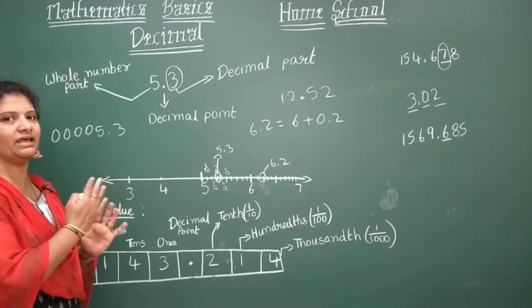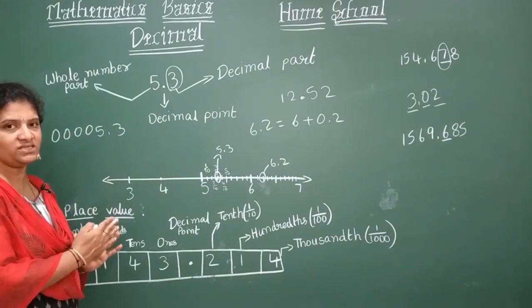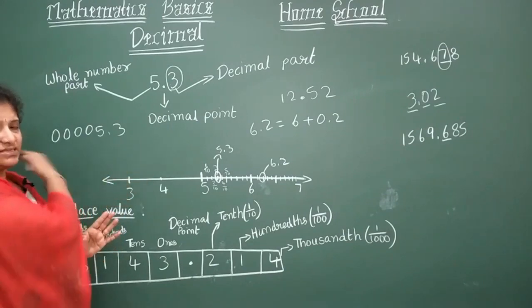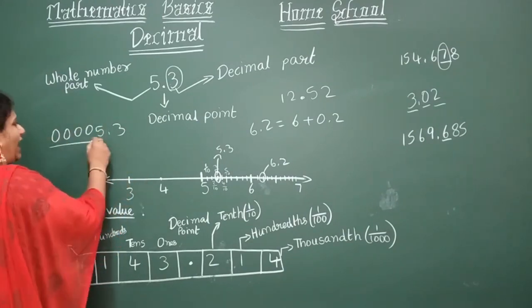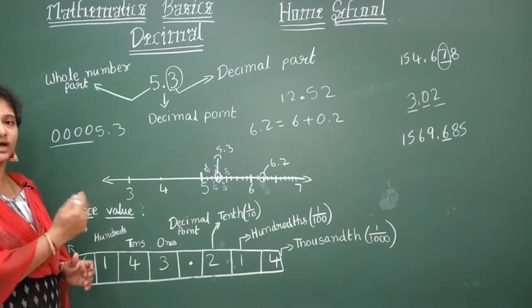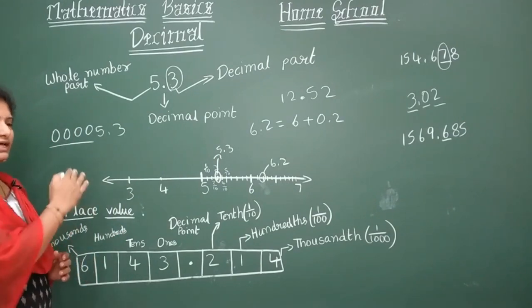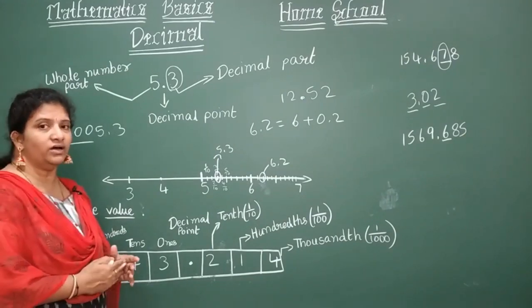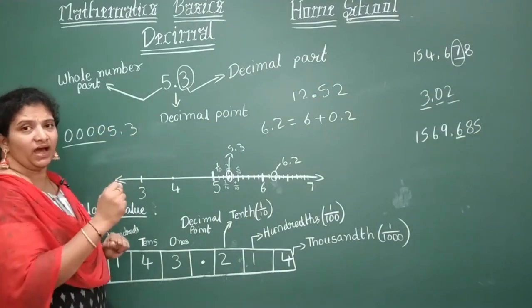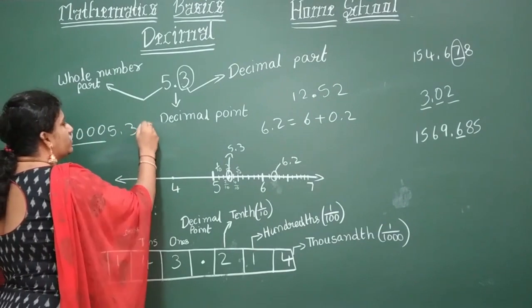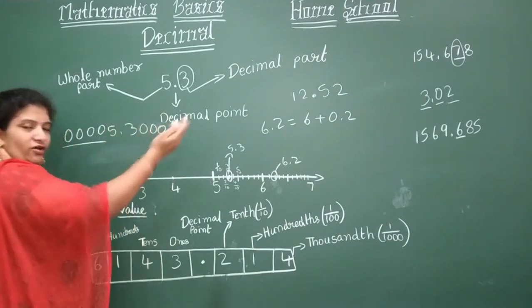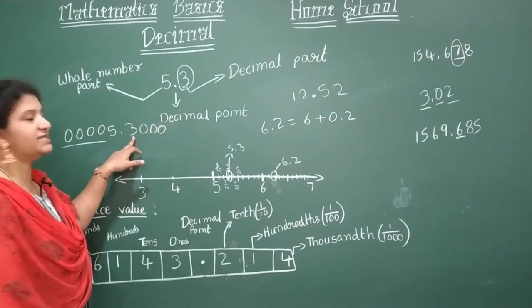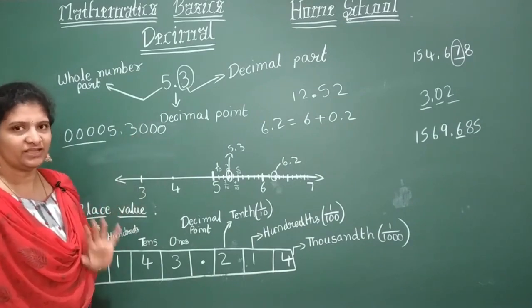In the Indian number system, if we place zeros towards the left side, they have no value. In the same manner, if you place any zeros towards the right side of the decimal part, the decimal number's value won't change.